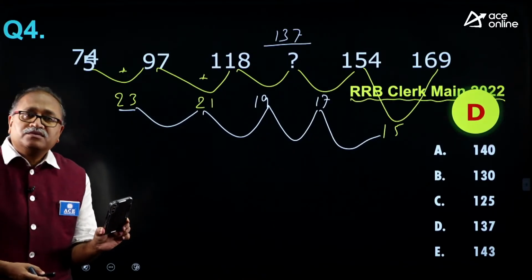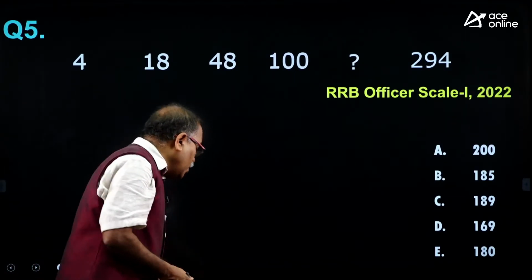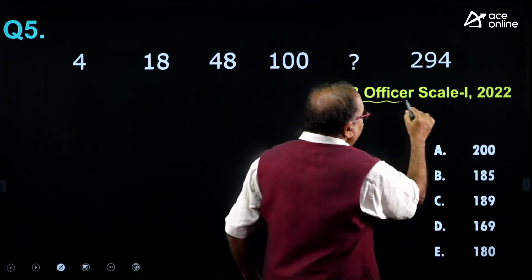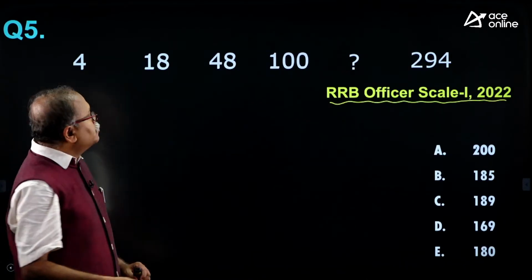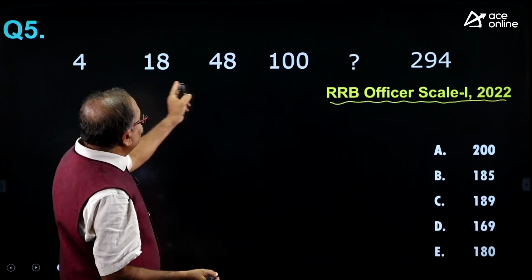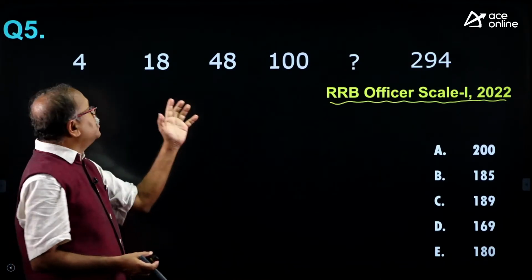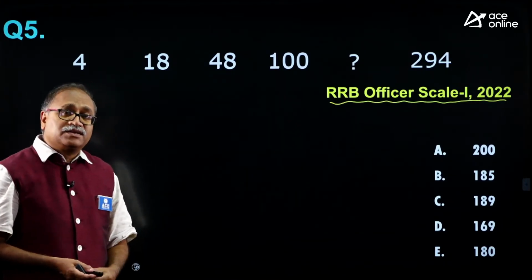I am moving on to the next question, and which is this. What is this question all about? So, RRB Officer Scale 1, that is PO 2022. Now, when I look at the numbers, I can notice that it could be either multiplication or it could also be an addition.